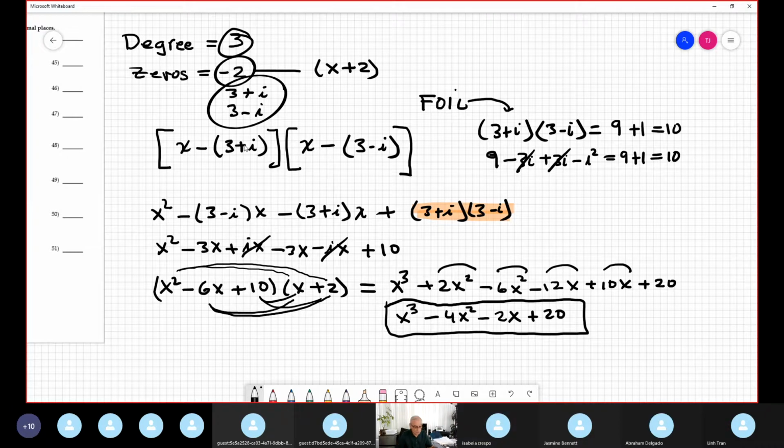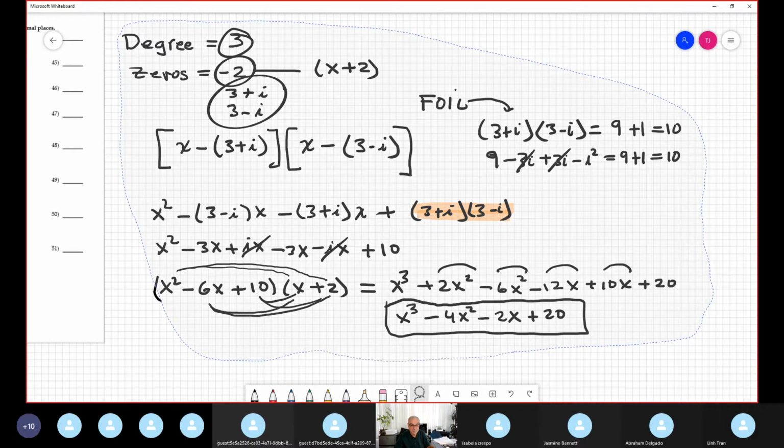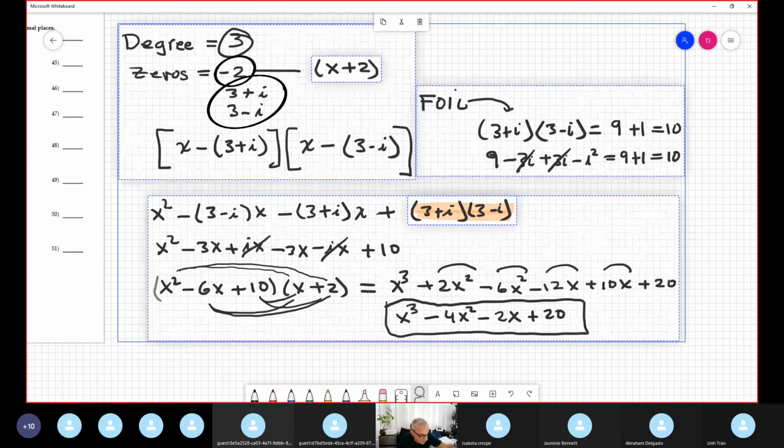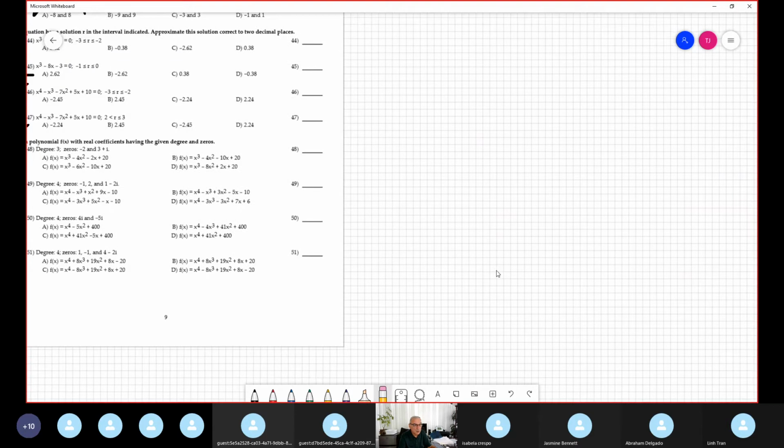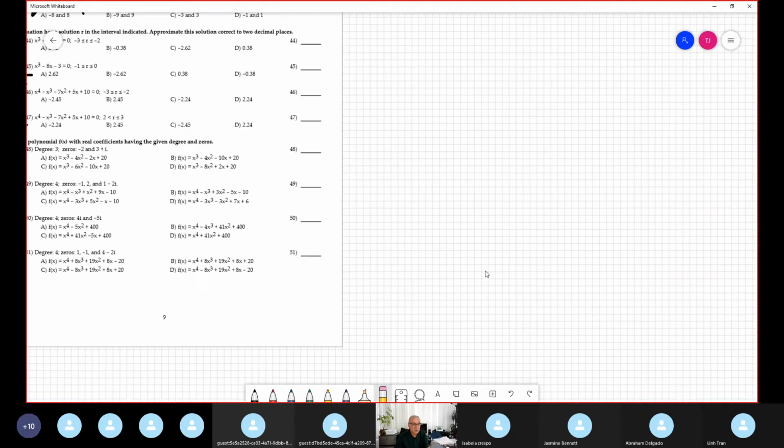Yes. Absolutely. 49 is similar. In 49, let me read that. 49. Okay, degree 4. So you have 0 is x minus 1. So we have a factor that is x plus 1.